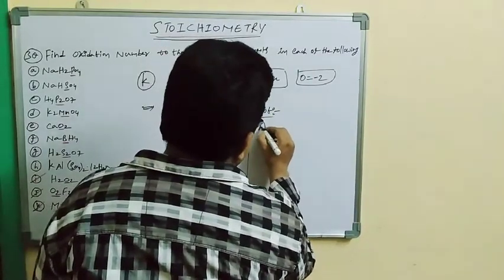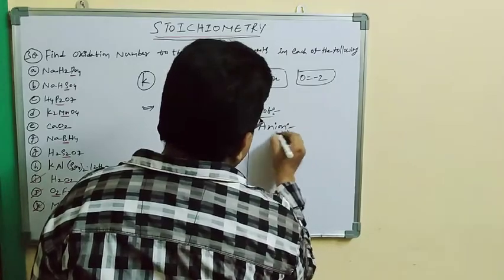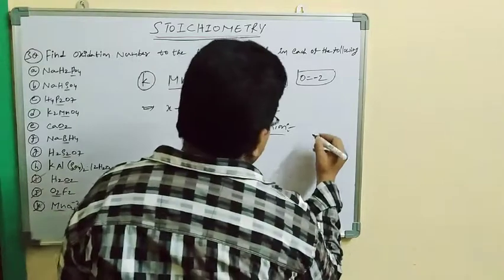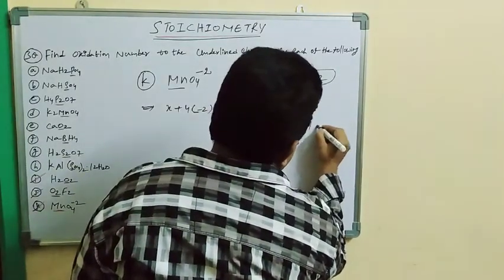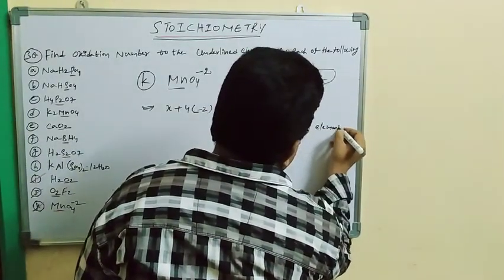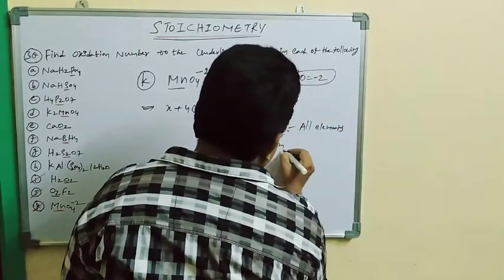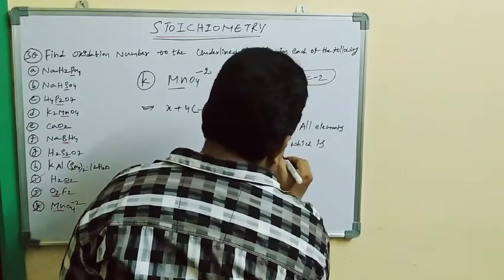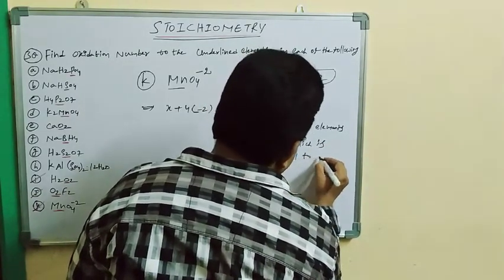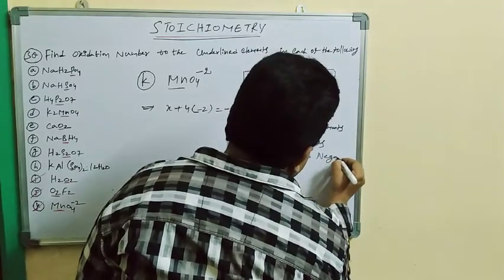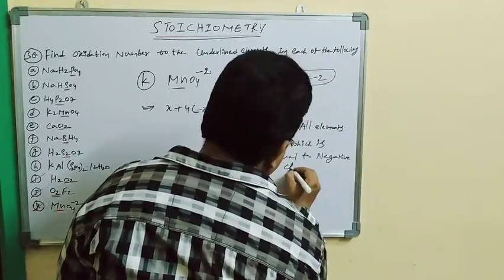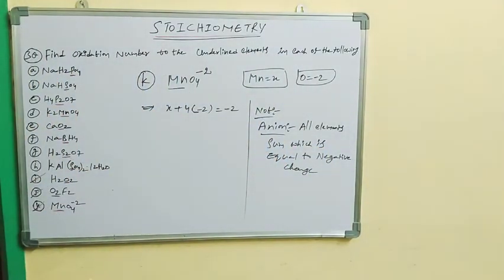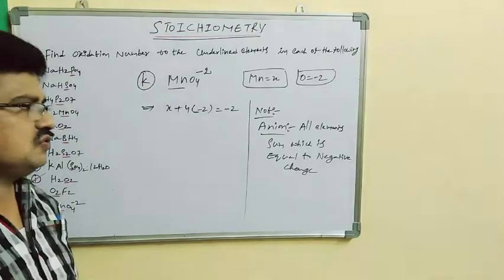In anionic radical, this is an anionic case, all elements sum is equal to negative charge. For cationic radicals, all elements sum is equal to positive charge.